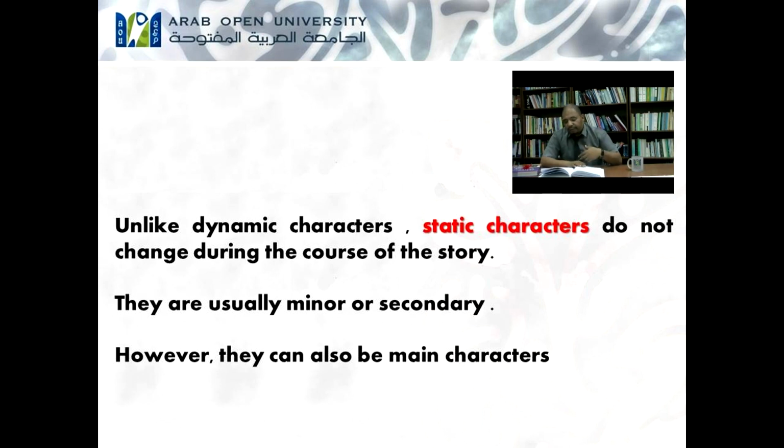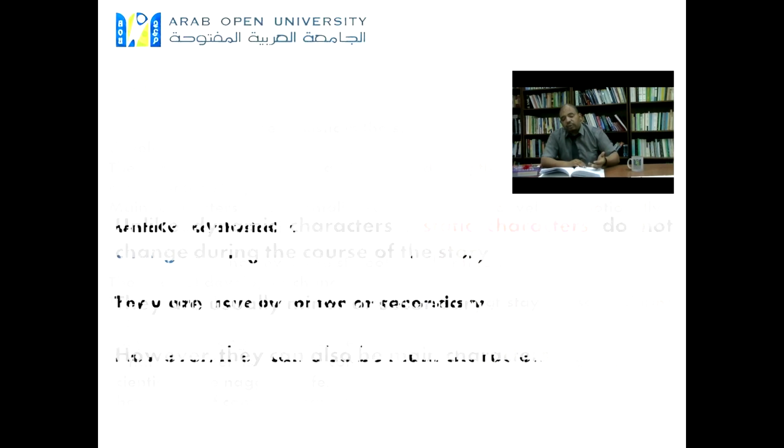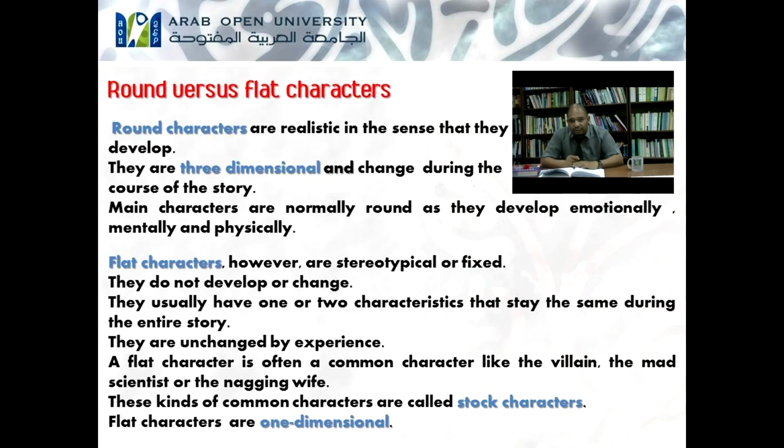Let's again think of characters in terms of whether they are round or flat characters. I want you to set the two adjectives against each other: round and flat. When I say round, you have different facets, different dimensions.